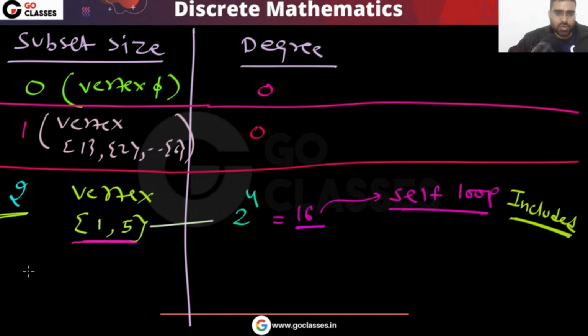What about a three-size vertex? For example, if you have 1, 3, 4, this is your vertex.